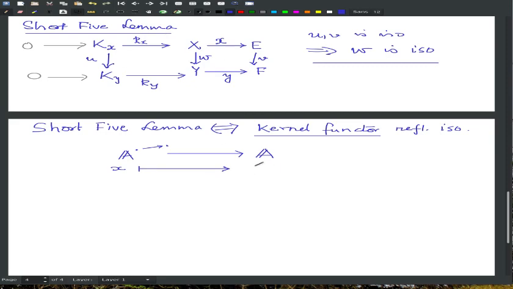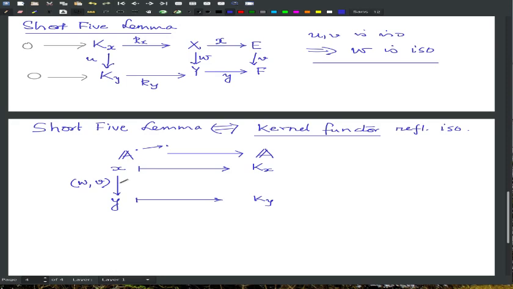I am taking this Kx, and I am saying that here is this arrow Y, I am taking it to the kernel of Y. Now X to Y, this is WV.